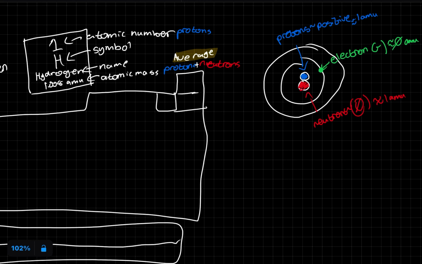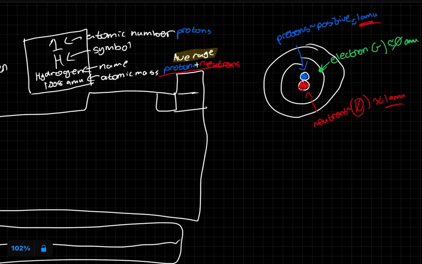And this makes sense because protons and neutrons contribute the most to the mass of an element. That's why atomic mass is measured in protons and neutrons, because electrons really don't count much for the mass of an element, so they're not considered in the atomic mass.